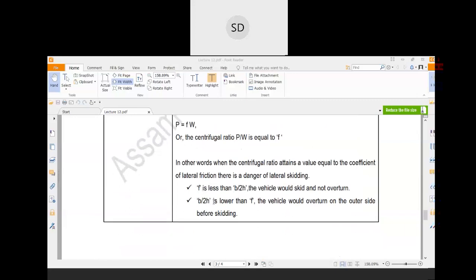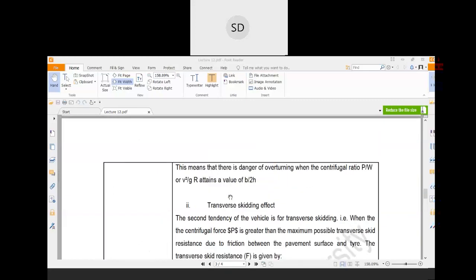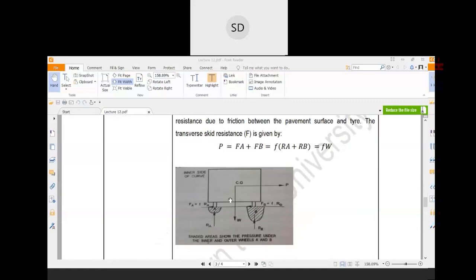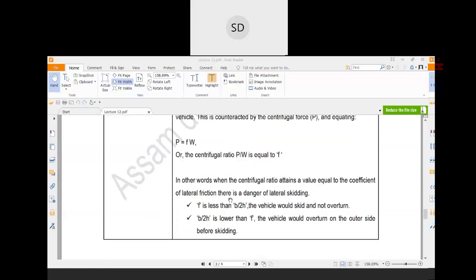Now the thing is, if F is less than B by 2H, the vehicle would skid and not overturn. It will not overturn. Suppose your coefficient of friction value is lesser than your centrifugal ratio, but F is less than B by 2H.